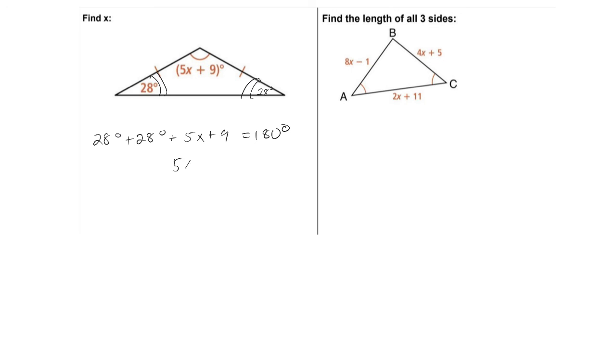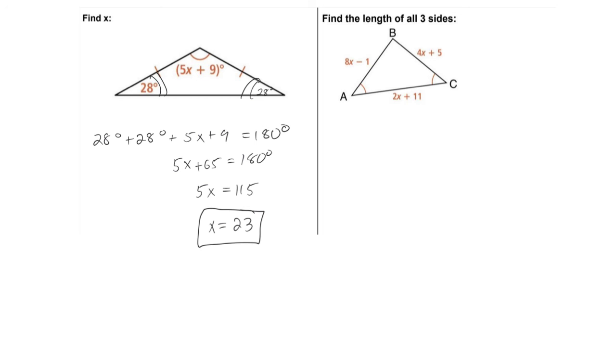Right, so we get 5x plus 65 equals 180. We subtract 65 from both sides, and we get 5x equals 115. So x is equal to 23. And that's just algebra. We set it equal to 180. Right, that's the triangle angles theorem.